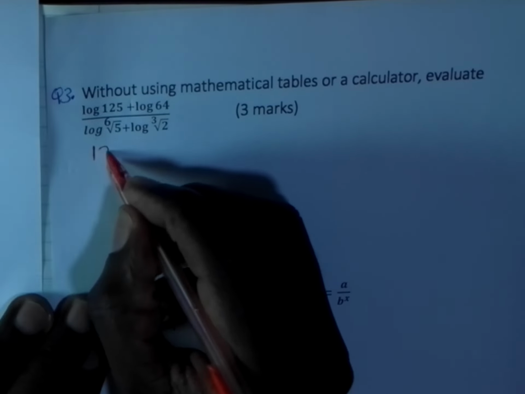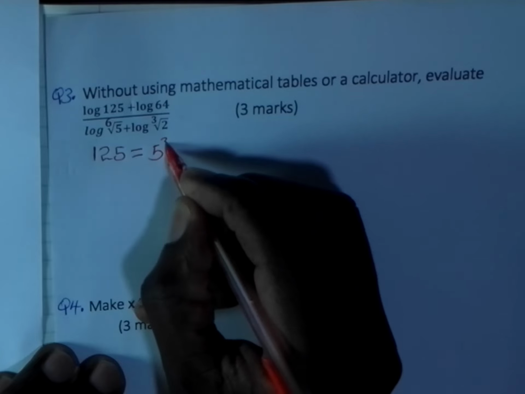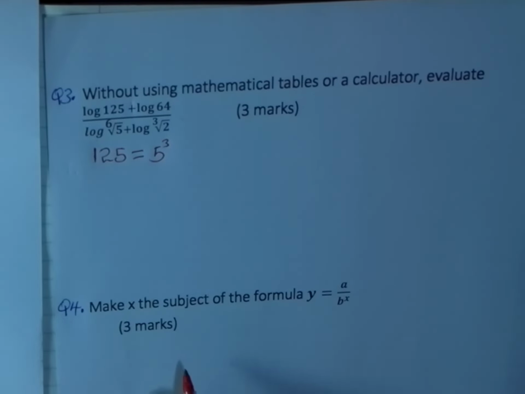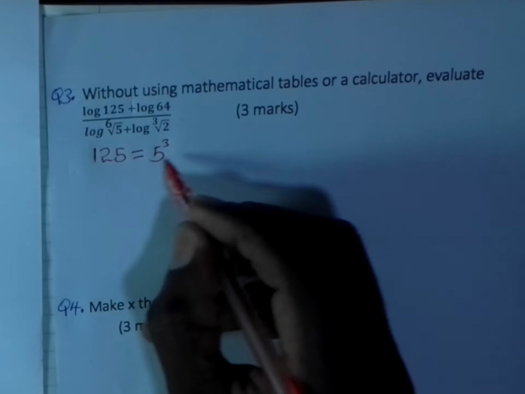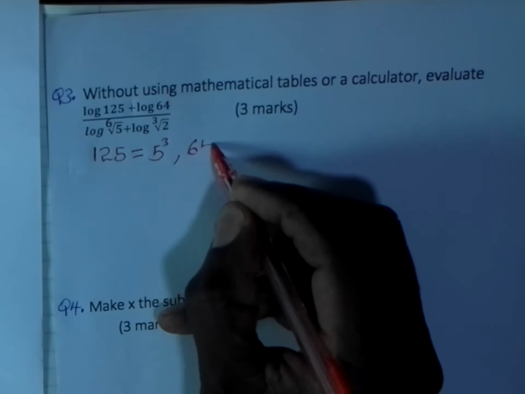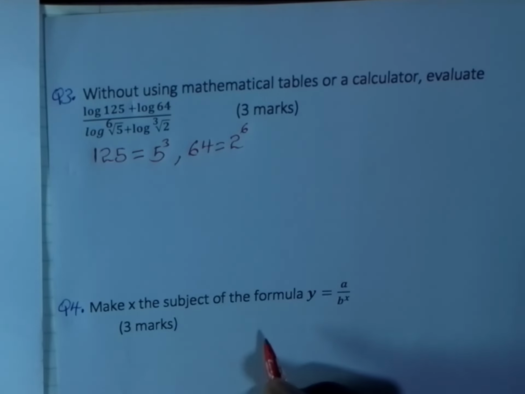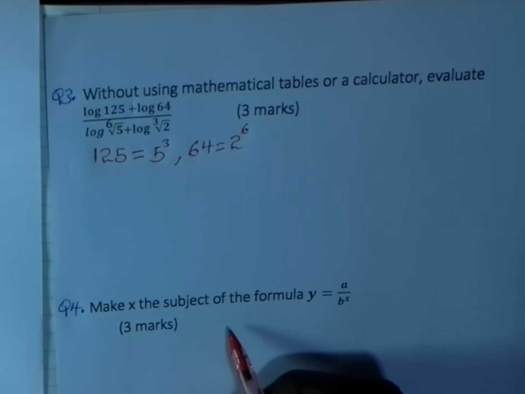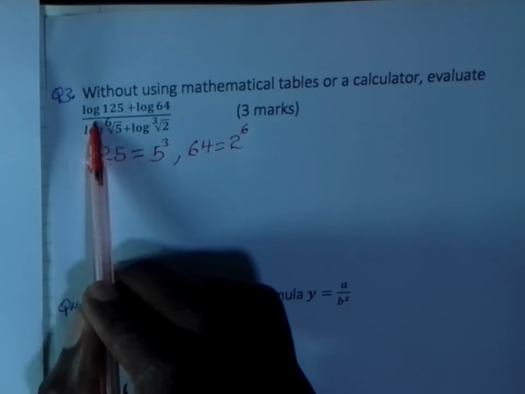So 125 can actually be written as 5 raised to 3. The same case also applies to 64, which can be written as 2 raised to power 6. And therefore, let us rewrite this again.